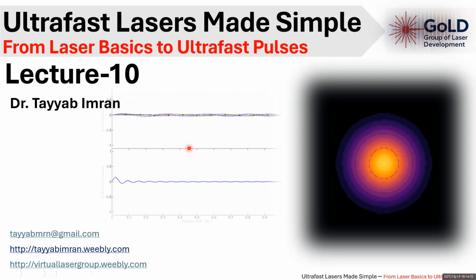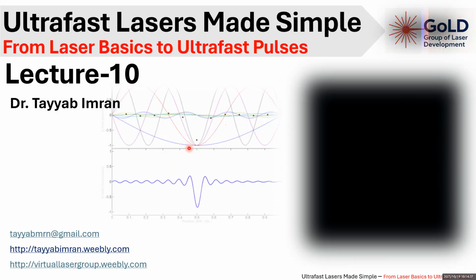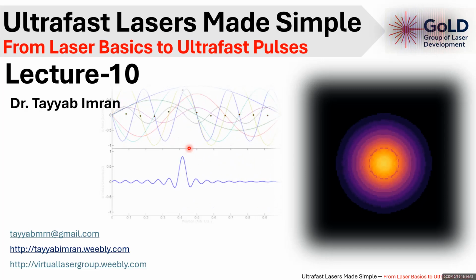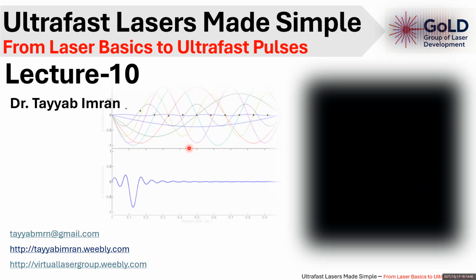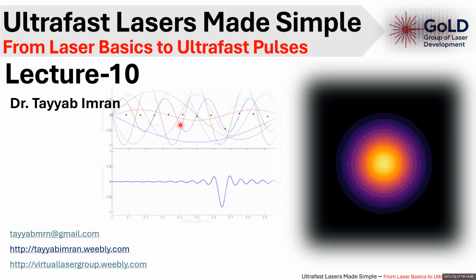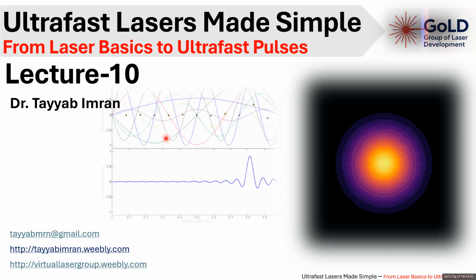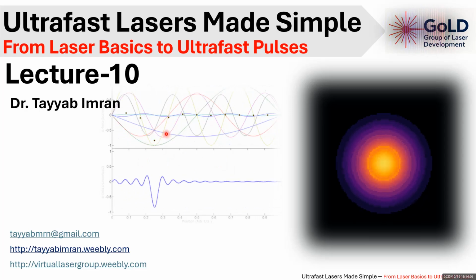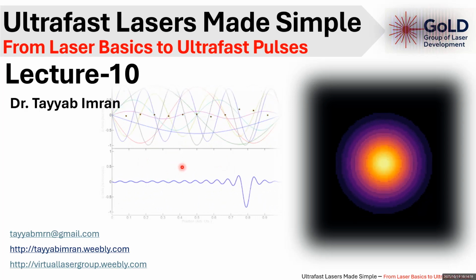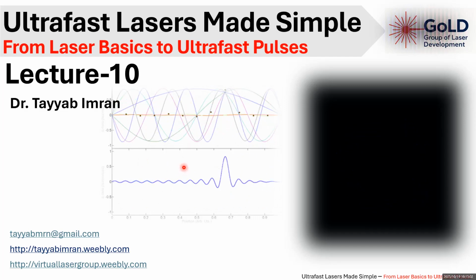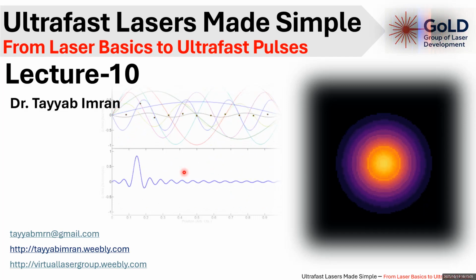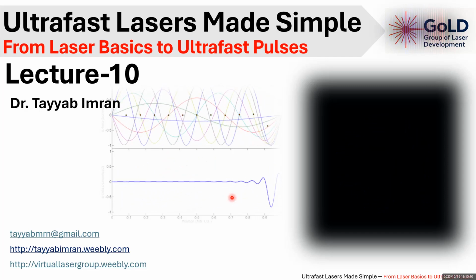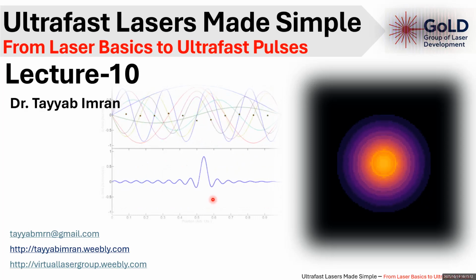These modes are supposed to be there, but we have to control them in the sense that we have to lock their phases. What you see here is going very fast. This peak appears when the modes are locked, their phases are locked. So all the crests and troughs, if locked, give this peak. This is a pulse, in the temporal domain.